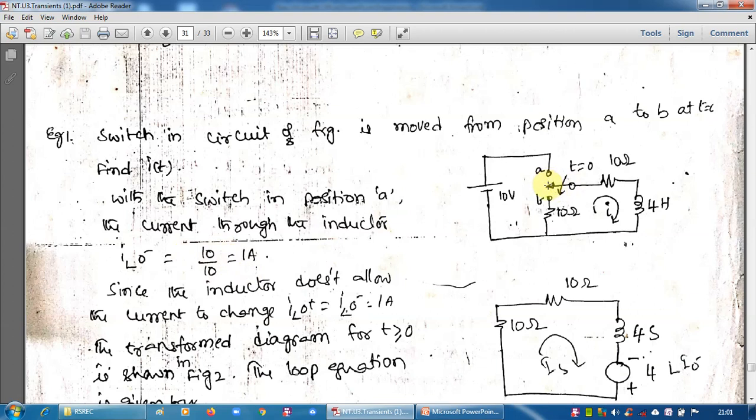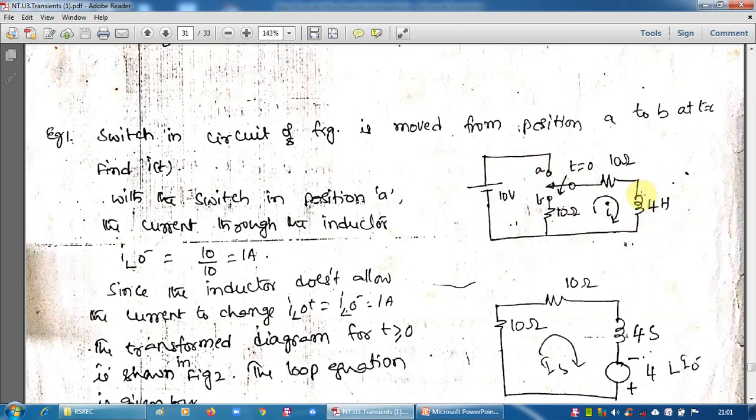Before t equal to 0, that is t equal to 0 minus, the switch is in A. A means this: 10 volts at A, then 10 ohms, 4 Henry, and then back to the supply. This part is not there, only A is connected, and the supply is a DC supply, and it is there for a long time.